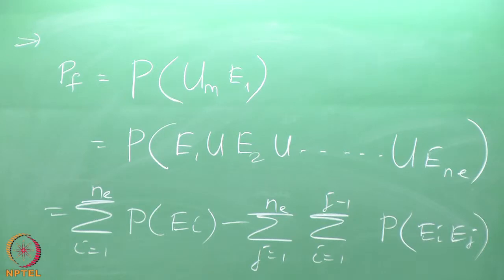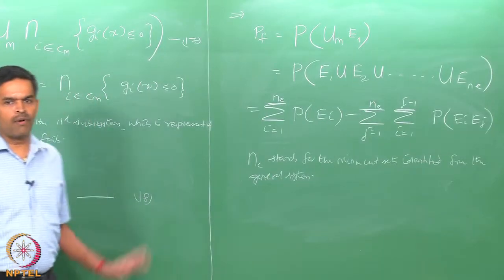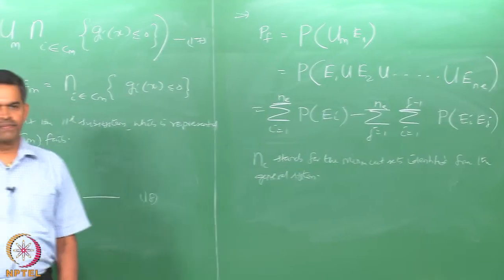Now, the above equation can be solved by summing the probabilities of failure of each cut set.